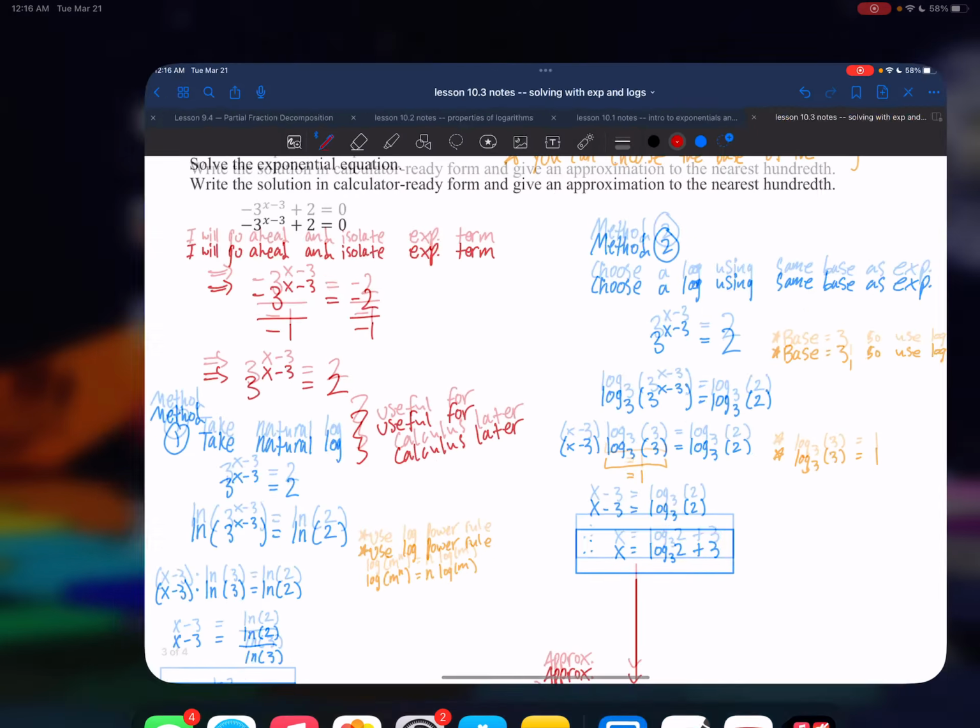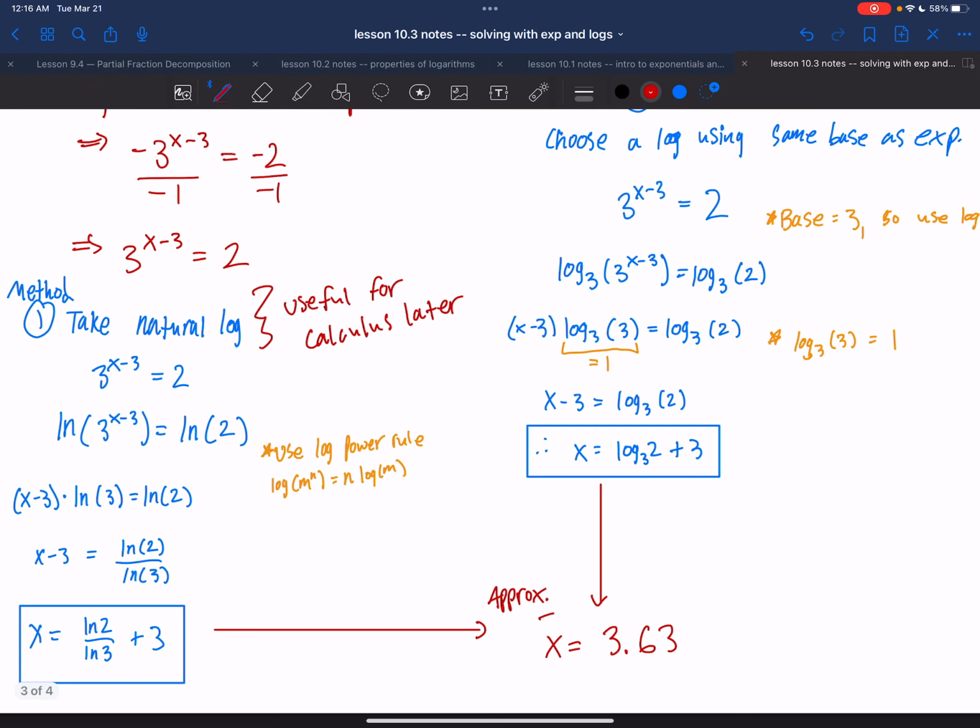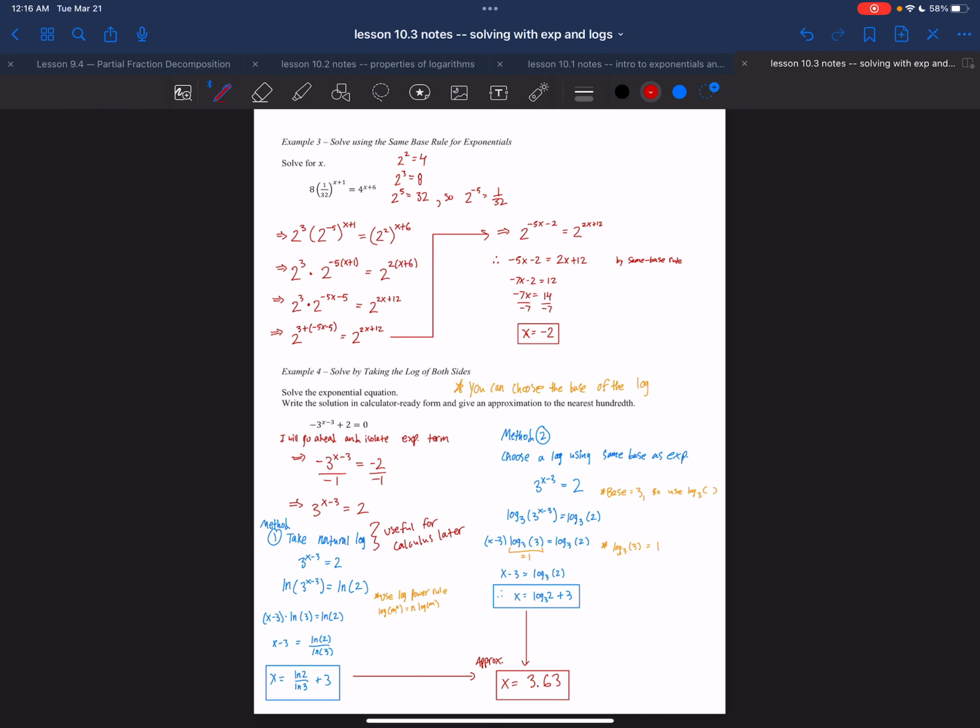So both of these answers are correct. They are different ways to write the exact same answer, and that's fine. But I'm going to emphasize, I really like method 1. I really like taking natural log or log base 10 and not fiddling with a variety of bases. Just trust me in the long run, okay?